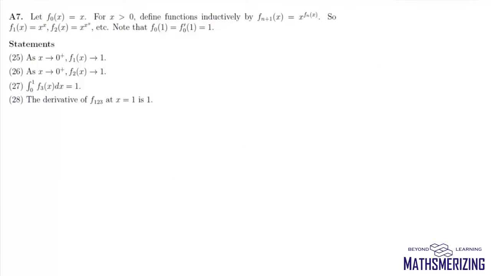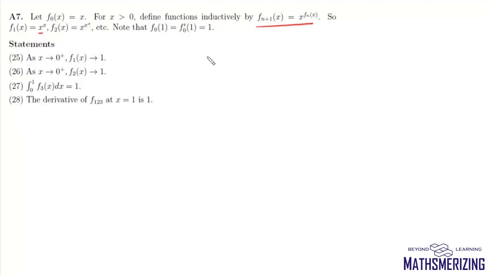Now in question number 7, we are given that f0(x) is x, and for x greater than 0, we have defined this function inductively by f(n+1)(x) equals x to the power fn(x). So we have f1(x) as x to the power x, f2(x) as x to the power x to the power x, and f1(0) is 1.